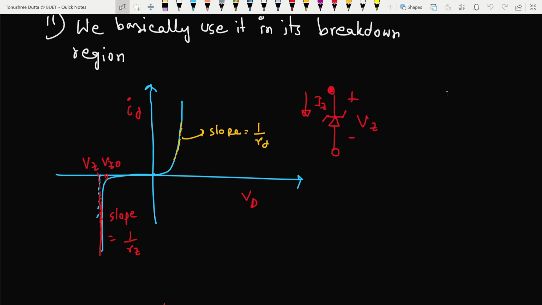By using Zener diodes I can get from a few volts to a few hundred volts, because that VZ can be in the range of a few volts to a few hundred volts. I can get it with a single Zener diode, and its resistance is also very small. So this is a wonderful alternative to that series of diodes.